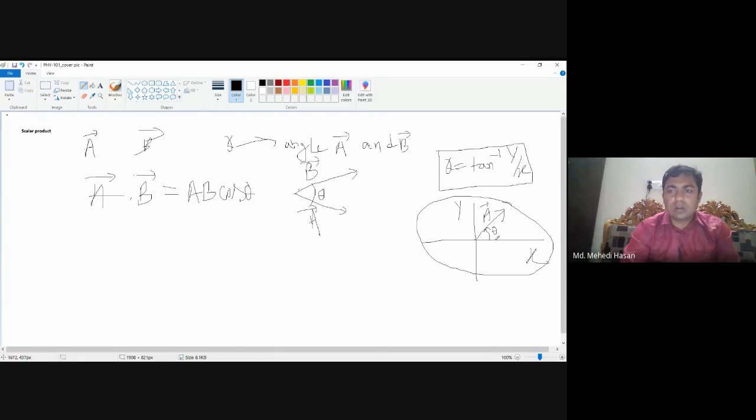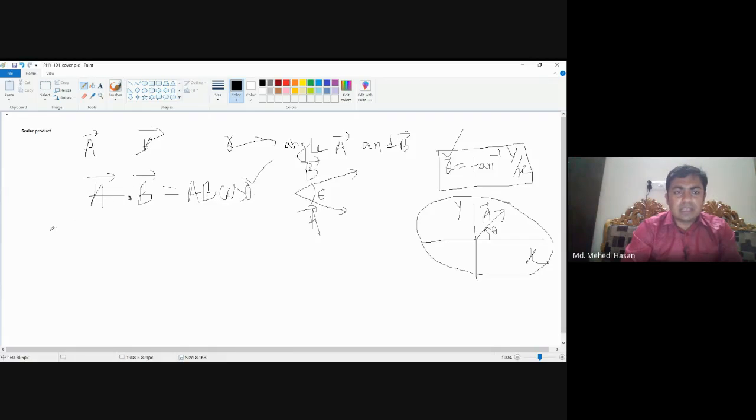But here there are no coordinates involved; the angle between two vectors A and B is simply given. So this angle is not the same as that angle. Okay, so this is the procedure to calculate the scalar product.